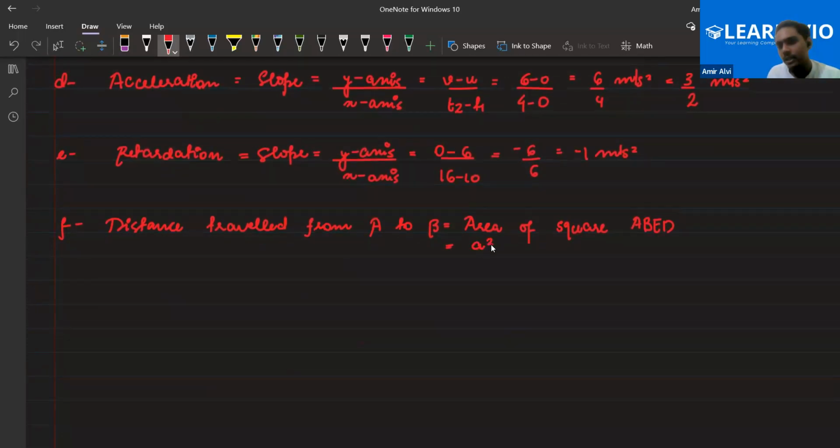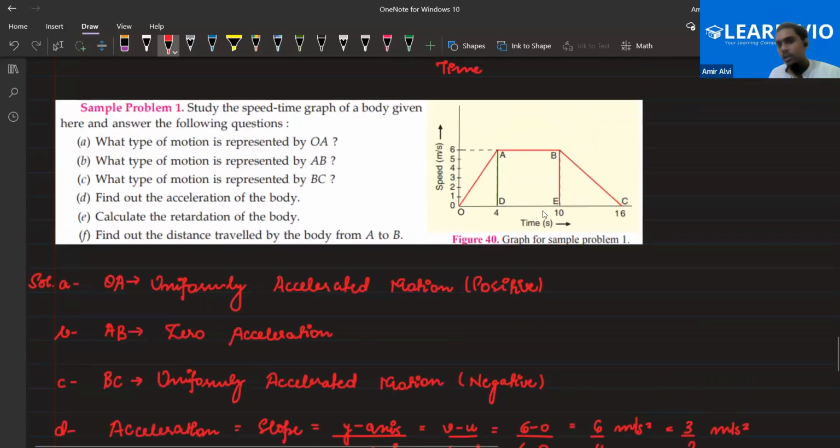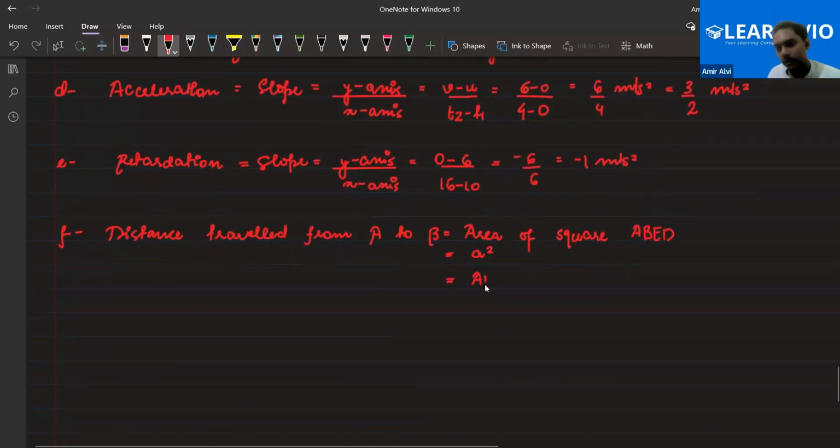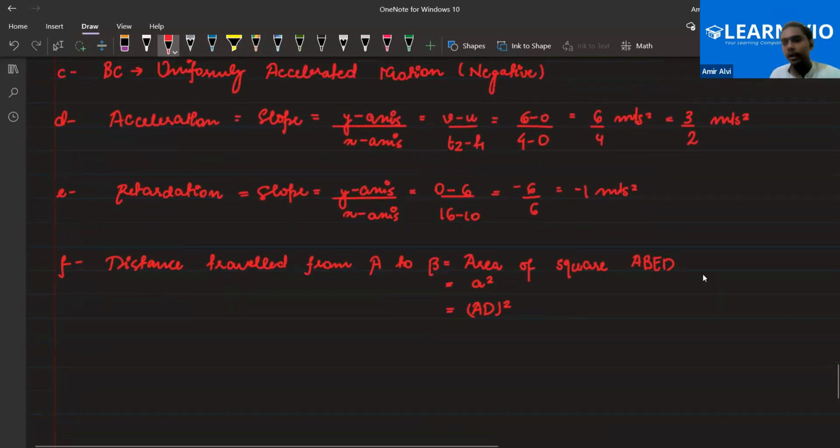So area is the area of this square. That is, what is the AD or AD square? AD square ले लेते हैं. AD square. So how do you find out the value of AD? AD is equal to 6 minus 0.